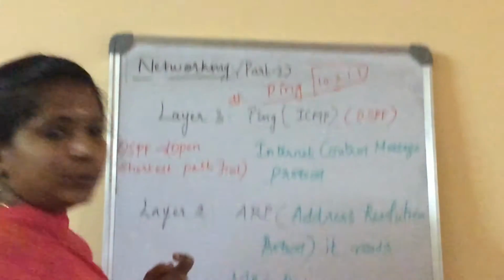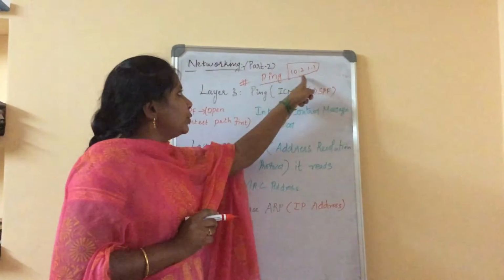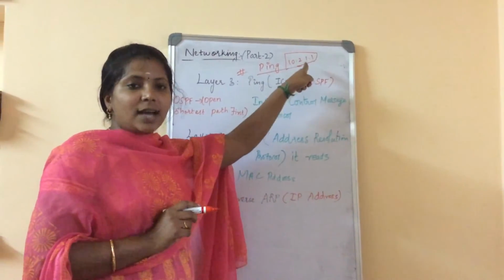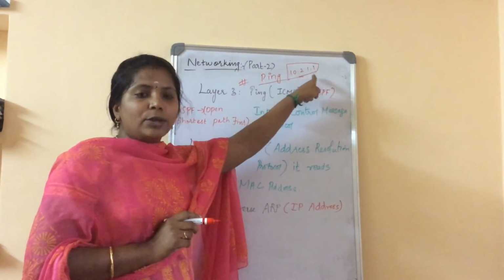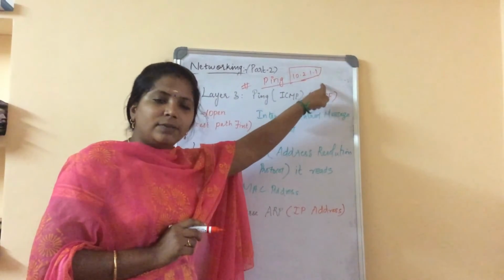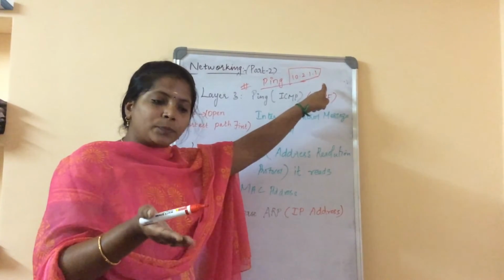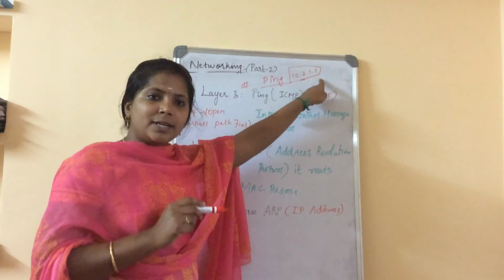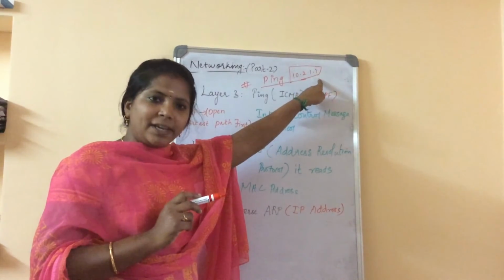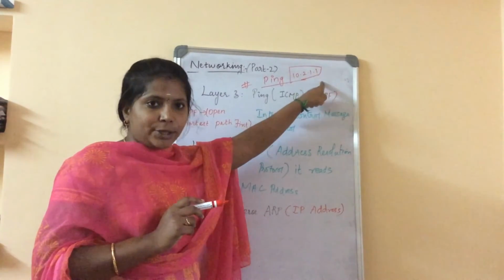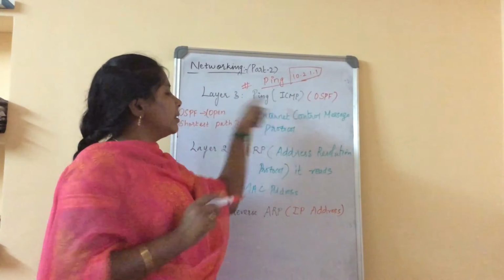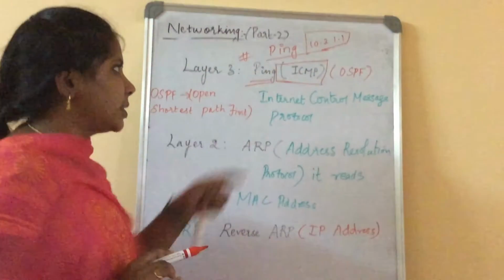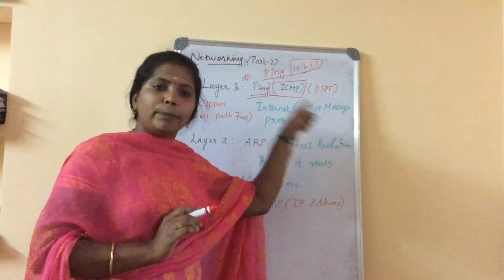It will go to this particular address and check whether the address is up and running or not in that particular device. Let it be a laptop. In a laptop, if you give ping of your IP address, it will say whether that IP address is running or not. So especially this protocol is used for ping request. ICMP is used for ping request.